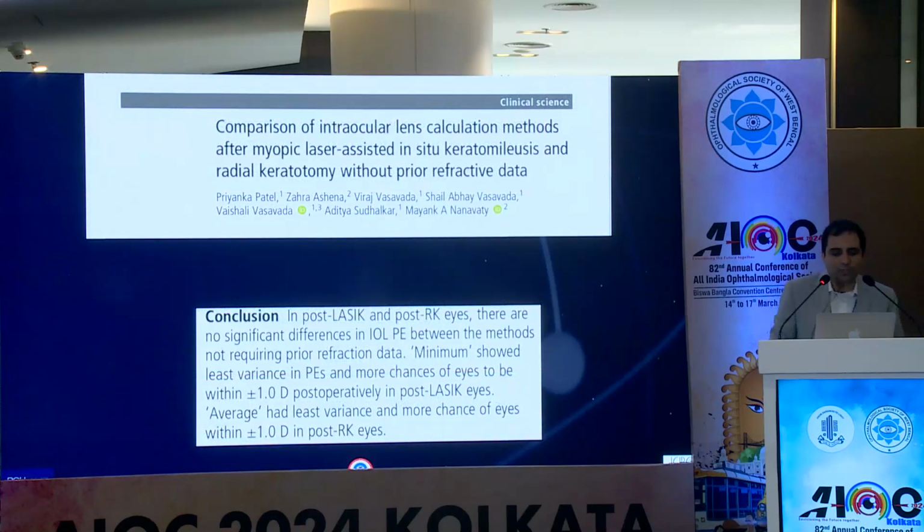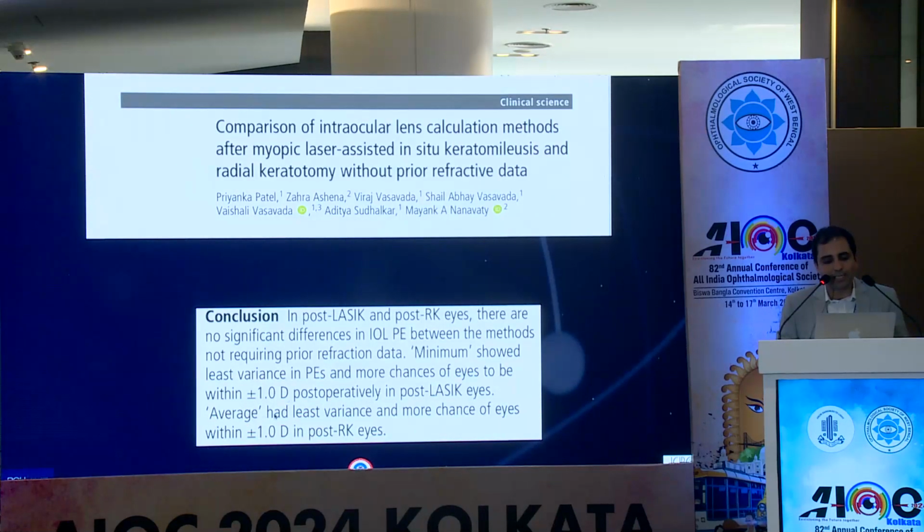We actually did our own study, which we published 3 years back, where we compared the different formulas in patients undergoing corneal refractive surgery, that is LASIK, PRK, as well as RK. And what we found was that in the post-LASIK eyes, out of the ASCRS calculator's minimum, average and maximum, when we chose the minimum, we had the maximum number of eyes within plus or minus 1 diopter.